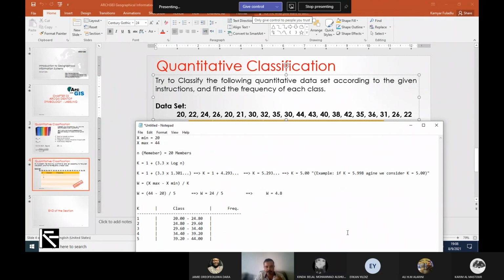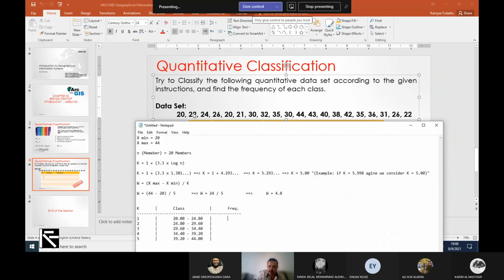Now, next step, we are going to call the members and put them here accordingly. What are the members? How many members do we have from 20 to 24?